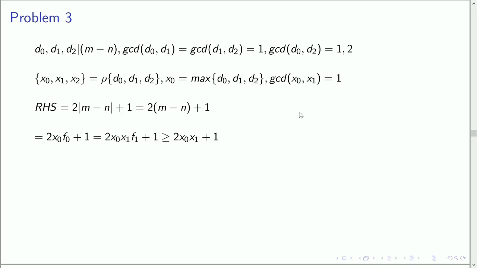And since x1 also divides m minus n, and x1 is co-prime with x0, x1 divides f0, so you can write f0 as f1 x1, and this is greater than or equal to twice x0 x1 plus 1, because f will be greater than or equal to 1.